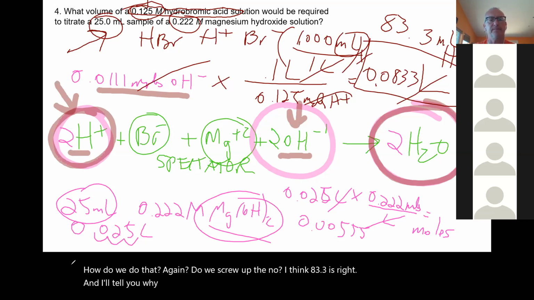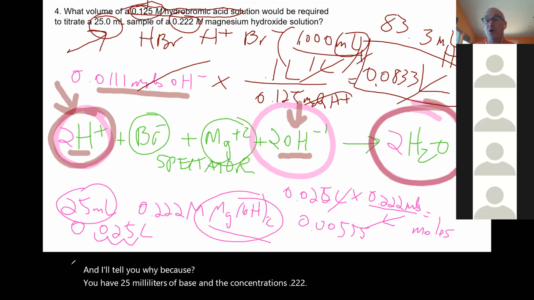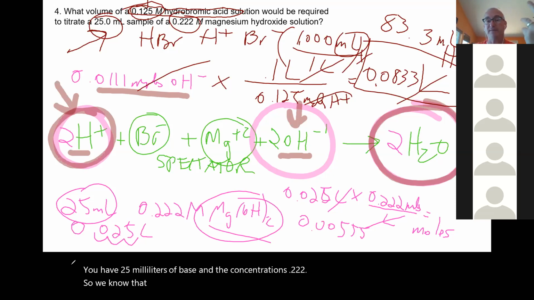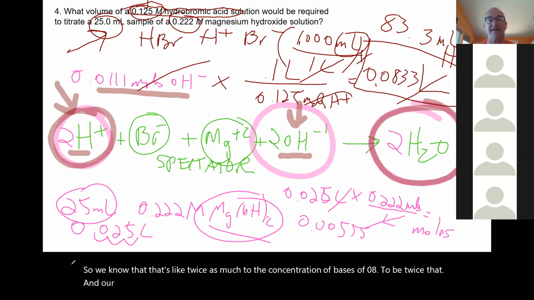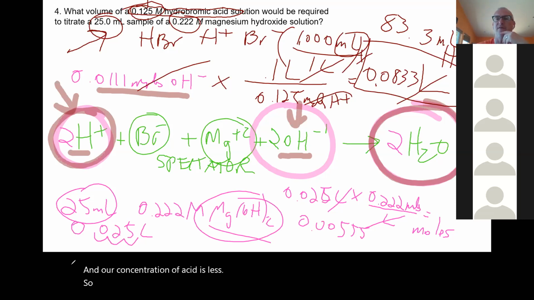Because you have 25 milliliters of base, and the concentration's 0.222. So we know that that's like twice as much. So the concentration of base of OH is going to be twice that, and our concentration of acid is less. So yeah, it's got to be around 83 or so.